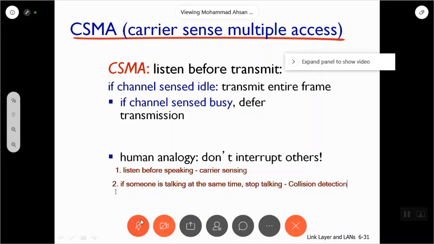Carrier sense multiple access says that we sense the carrier and then we sense the channel, and if it's free, then only it sends. But still, collisions can occur. Why? Why do we need to have detection if we have carrier sensing?